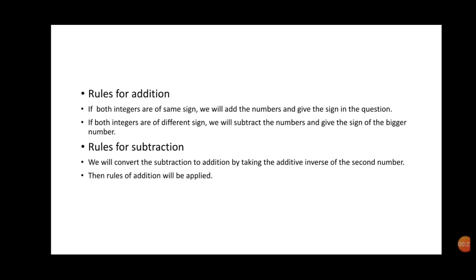But if we are adding integers with different signs, we will subtract them and give the sign of the bigger number. For subtraction, we will change that subtraction to addition by taking the additive inverse of the second number, that is the number to be subtracted. Then the rules of addition will be applied to that.